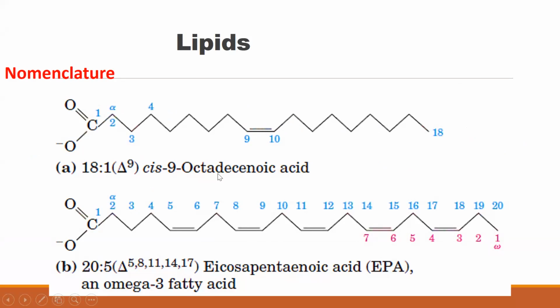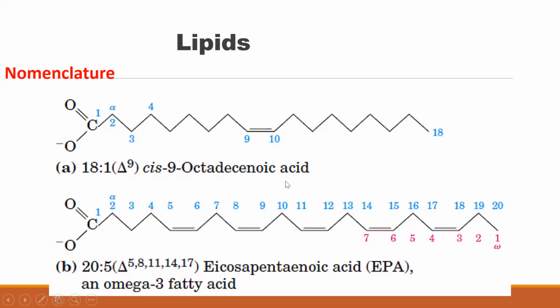Usually they say noic acid. For example, octadecenoic acid: decene means you have 10 carbons, and octa, 8, so 18 carbons. The ene means there is a double bond in the structure, and oic acid means that it is a carboxylic acid.